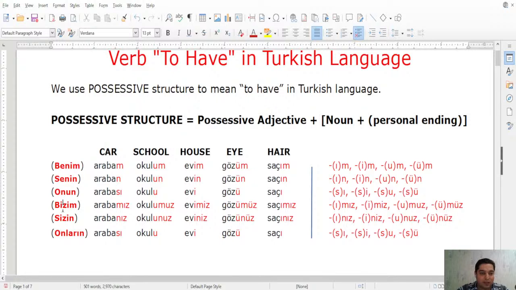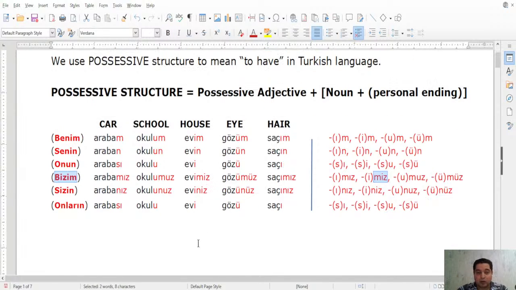You see, for example, here bizim, and because anne ends in a vowel, it will be annemiz, right? I highlight here bizim annemiz, right? You just add miz, that's it. Bizim annemiz. If you want to say our mother, for example, right? Let me just write it here. Our mother, bizim annemiz, okay?